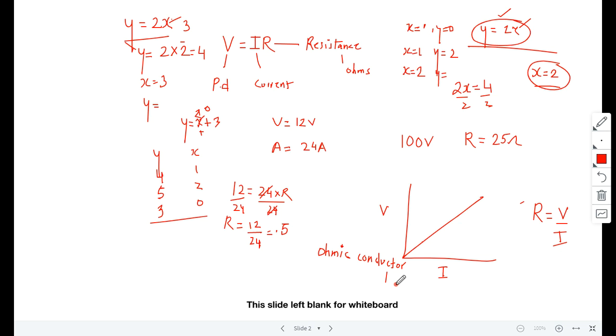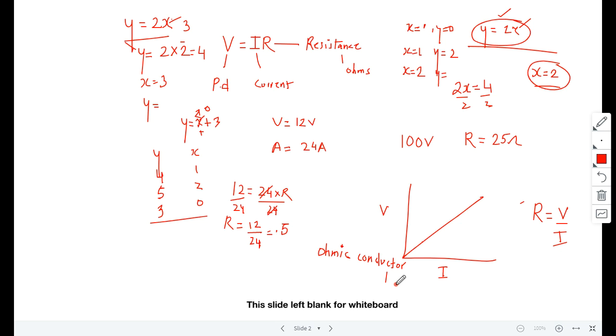So, an ohmic conductor is a conductor that follows Ohm's law. And those conductors that don't follow Ohm's law are known as non-ohmic conductors.